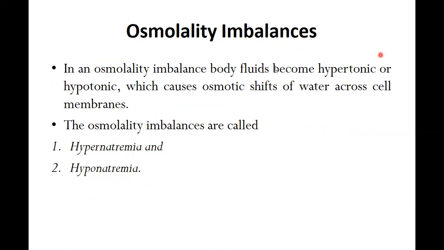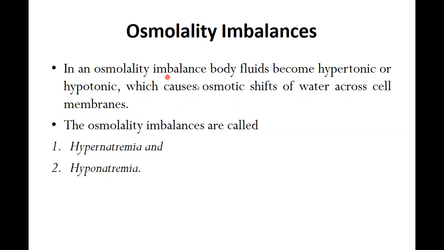Okay. So let us now discuss osmolality imbalances, having discussed extracellular fluid volume imbalances. What about imbalances in the concentration of those dissolved substances in the fluid? In an osmolality imbalance, body fluids become hypertonic or hypotonic, which causes osmotic shifts of fluid across cell membranes.